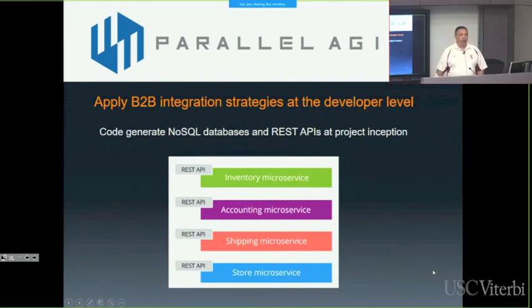And we turn each of the classes on that diagram into a NoSQL collection. We're right now targeting MongoDB and Node.js. Okay, so I take my class diagram, every box on the class diagram becomes a Mongo collection. We code generate the database access functions. So they call them CRUD functions. You guys know that term, create, read, update, delete.